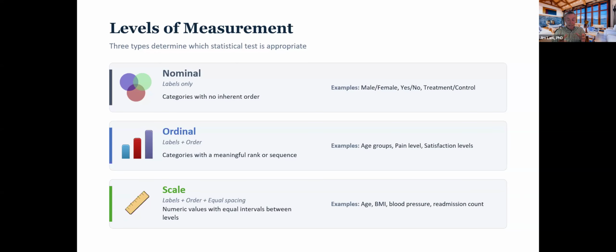That is to say, they have a name, 1 inch, 2 inch, 3 inch. They have an order, 1 inch, 2 inch, 3 inch. But they also have equal intervals in between. So I can say from 1 inch to 2 inch is the same distance as 36 inches to 37 inches. Okay, so that's the levels of measurement there.